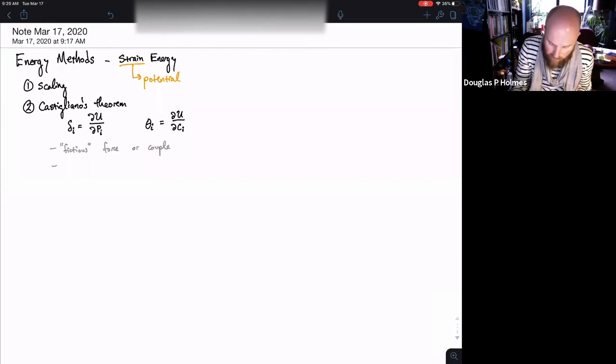We also showed that this works for discrete analysis of linked systems, like a truss.